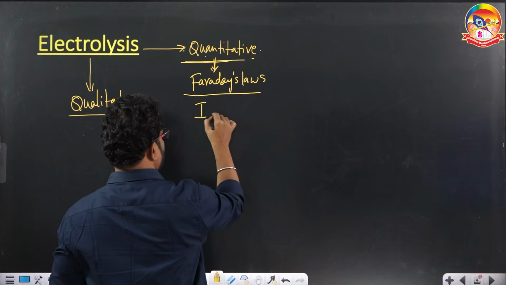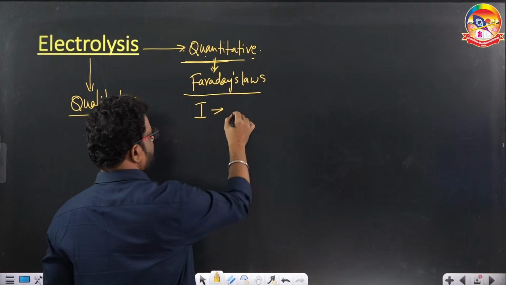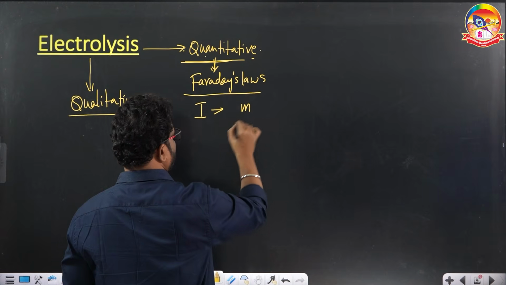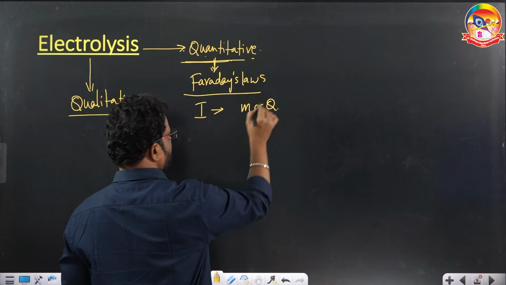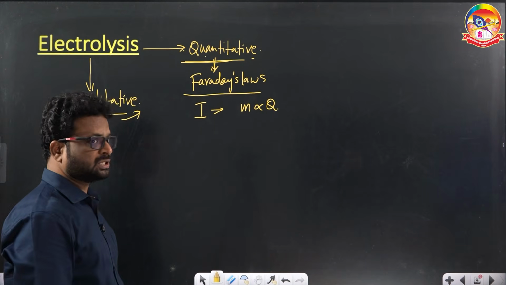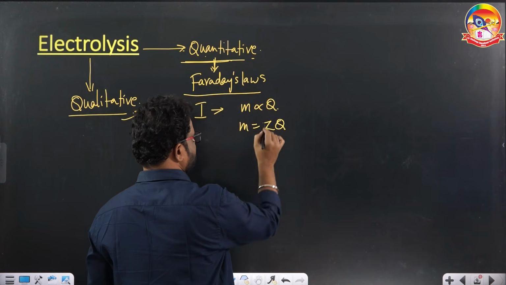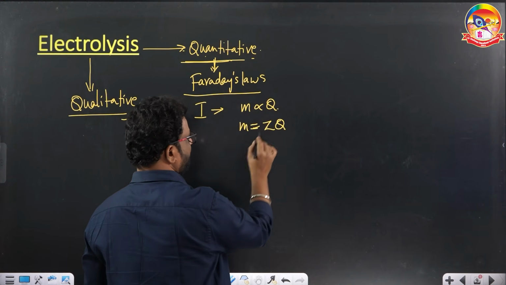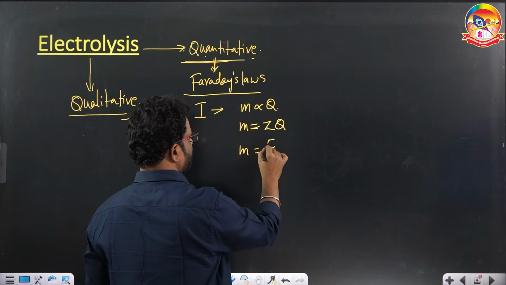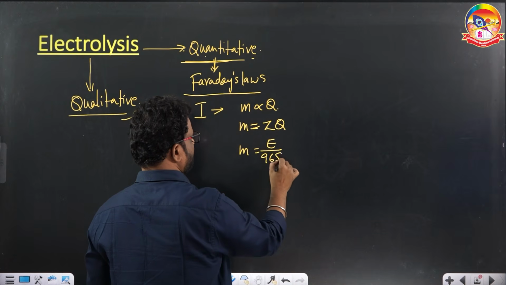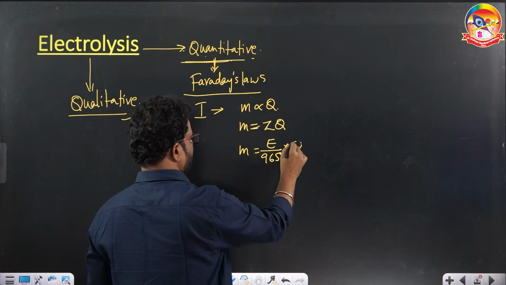Faraday's first law: according to Faraday's first law, the mass of substance deposited at an electrode is directly proportional to charge passed. M is proportional to Q, M is equal to Z into Q, where Z is called the electrochemical equivalent, and that is equal to equivalent weight by 96,500, into Q.